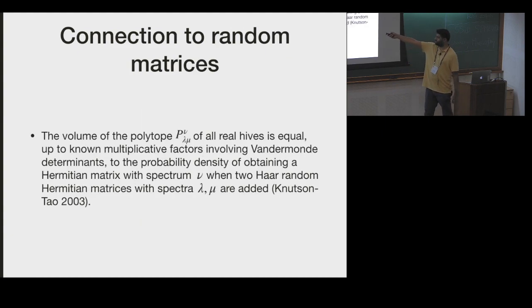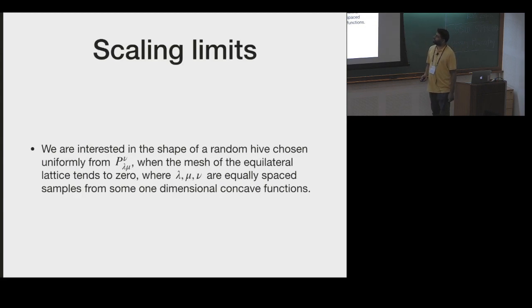So for this reason, the connection to random matrices. So we would like to make these matrices very large and understand some properties of these polytopes when, for example, these side lengths are sampled from some distribution.